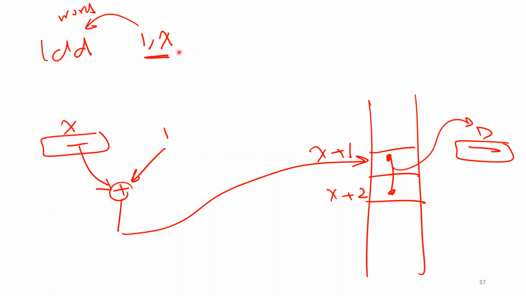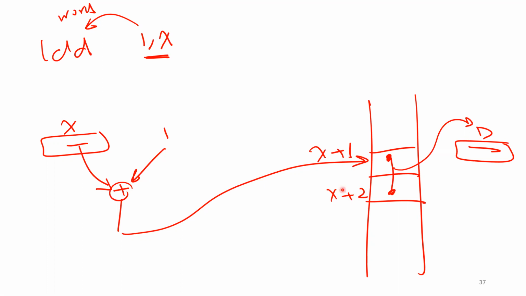But which location in the memory? How can I get the location? Because this is a pointer, I'm going to get what is stored in X, add 1, and this should give me the address. Then I'm going to read these 2 locations, this one and the next one, because I'm reading a word.